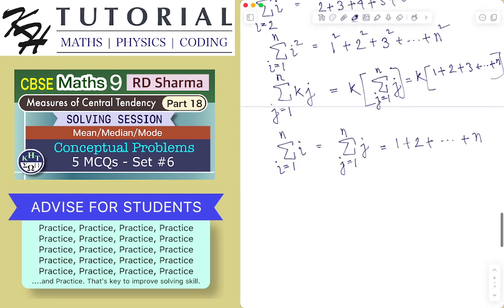Again, summation of a i plus b, where a and b are constants and i is ranging from 1 to n. What will this be?